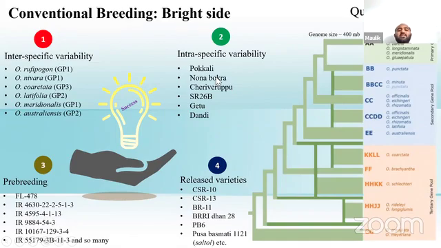In my PhD research, this Nona Bokra is being used as a donor parent to introgress salt tolerance in our local material, Gujarat 17 variety Sardar. Pre-breeding material, FL478 is mostly used, and these are released varieties. Pusa Basmati 1121 Saltol, this variety was developed by Dr. Gopal Krishna and Dr. Sukumar Singh.